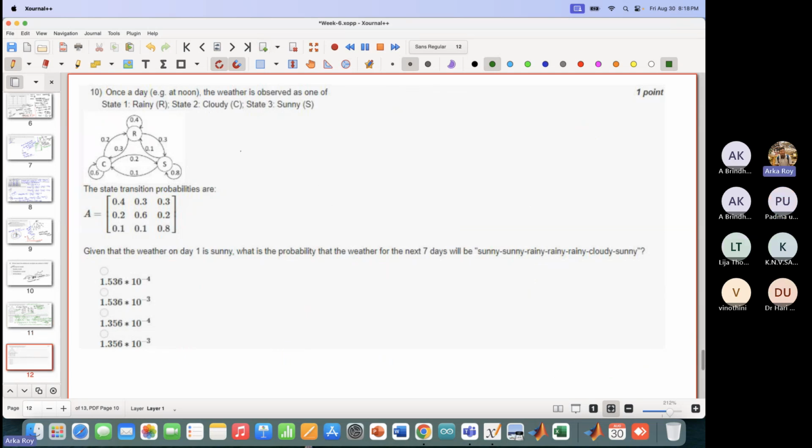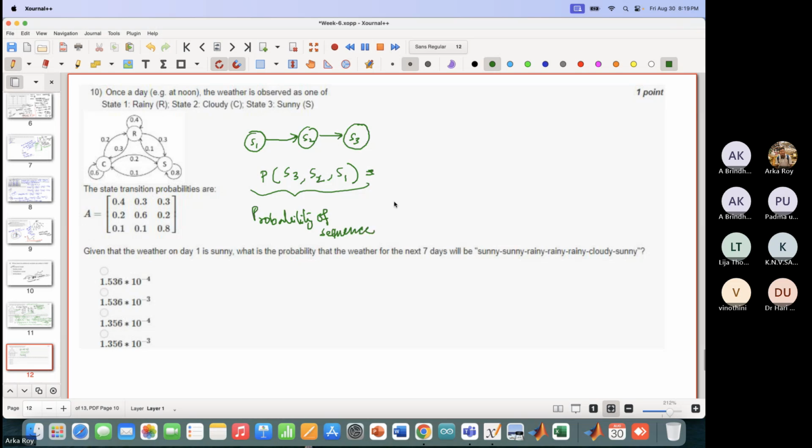See, the main thing is, let's say you have this process. Let's say this is S1, S2, S3. Oh, sorry, it should be from S1, S2, S3.